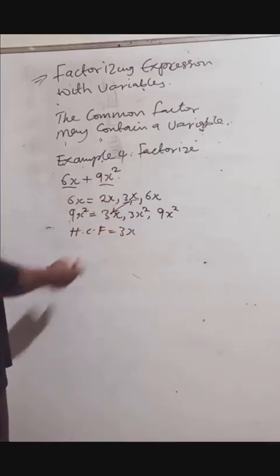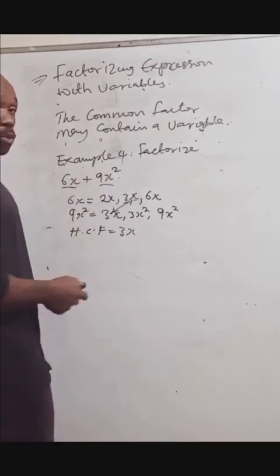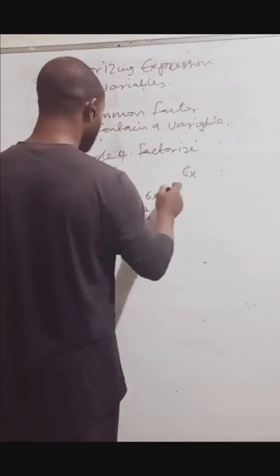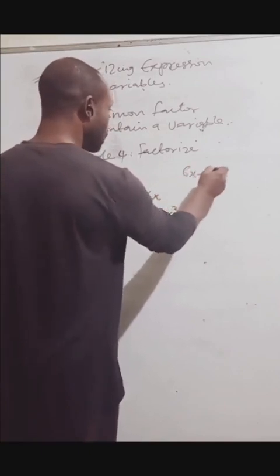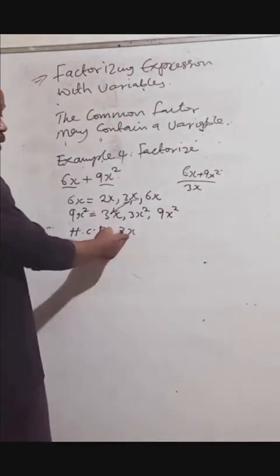So the next thing we're going to do is find the other factor of 6x plus 9x squared. To do that, we're going to divide 6x plus 9x squared by 3x, which is this value here.